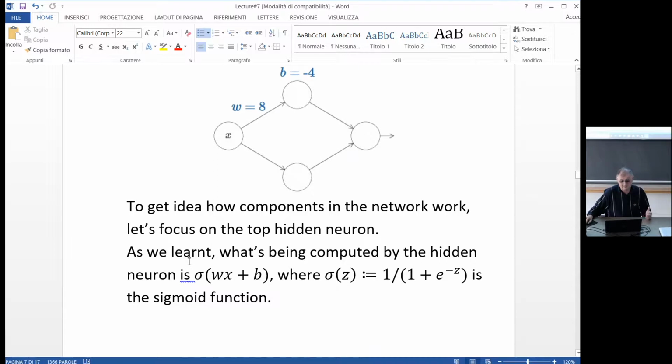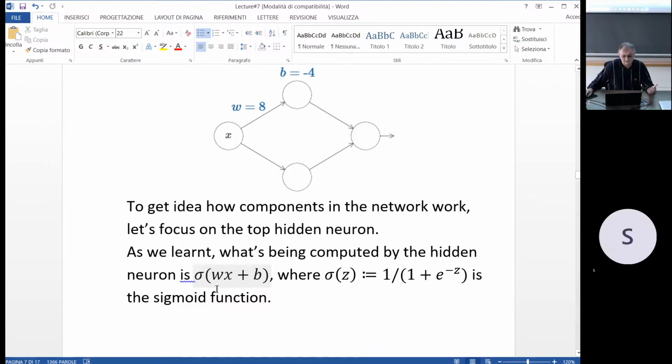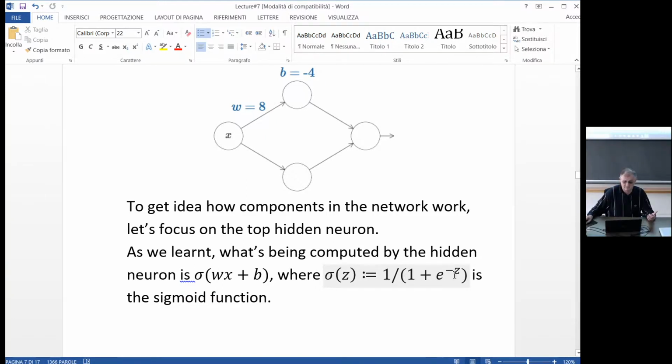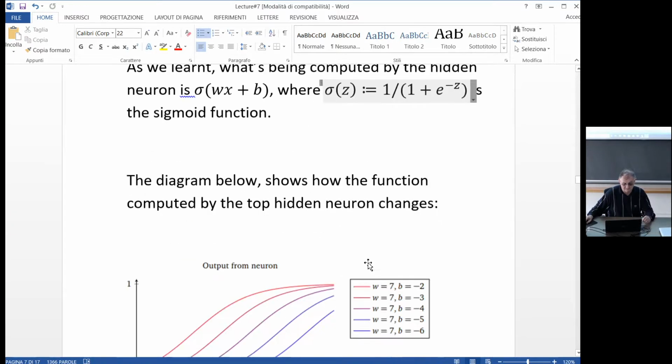As we learned before, what is computed by the hidden neuron is sigma of wx plus b, where our sigmoidal activation function sigma of z is 1 divided by 1 plus exponential of minus z, the sigmoid function.